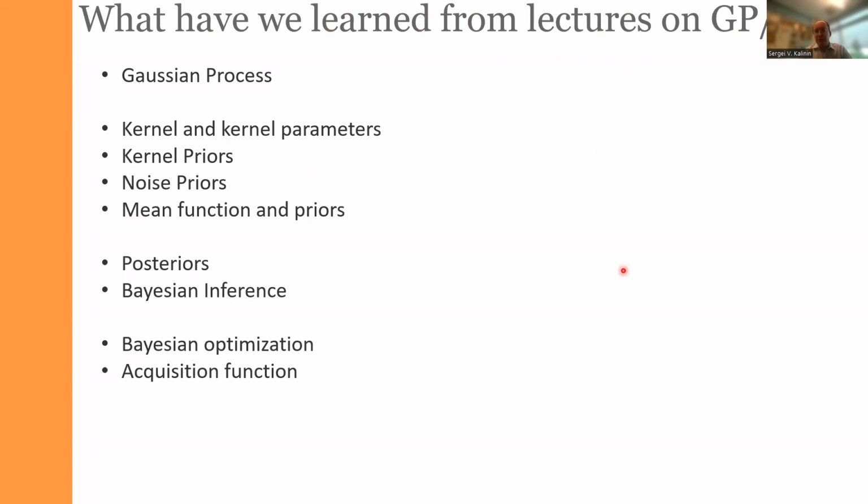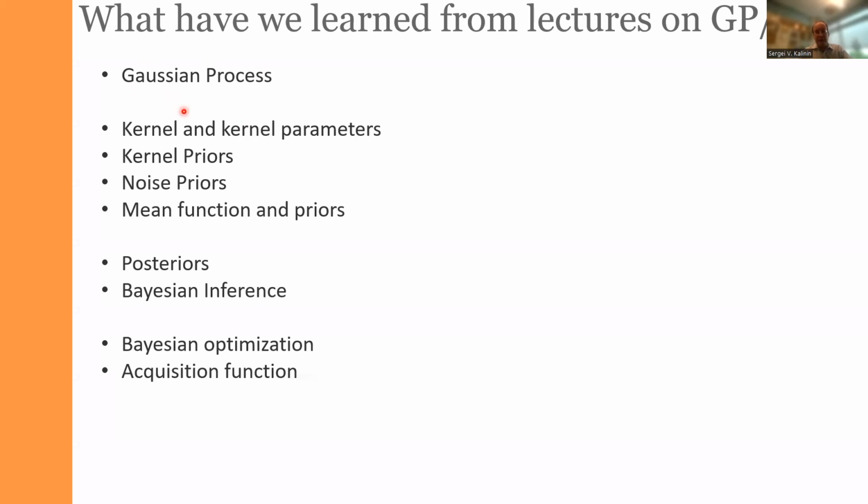In several lectures, we went through the primary topics of Gaussian processes and Bayesian optimization. We introduced the main concept of the Gaussian process. We discussed the kernel and kernel parameters, what they are and why they're necessary.